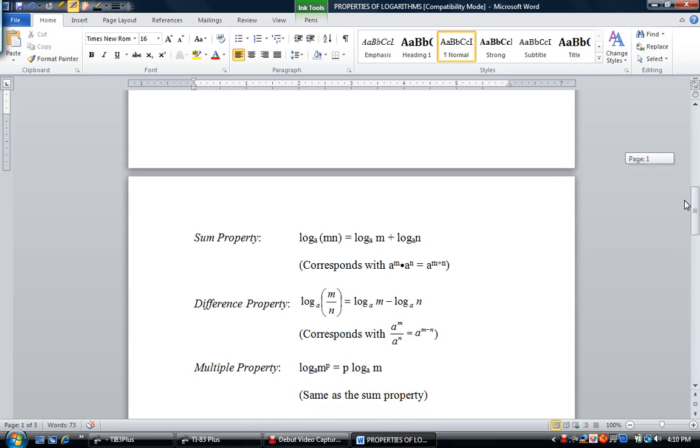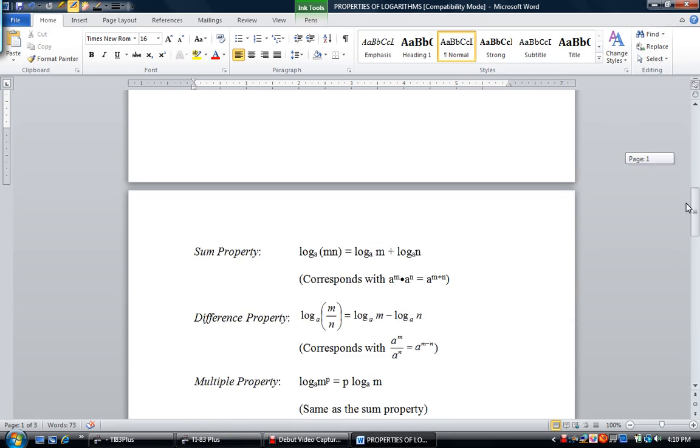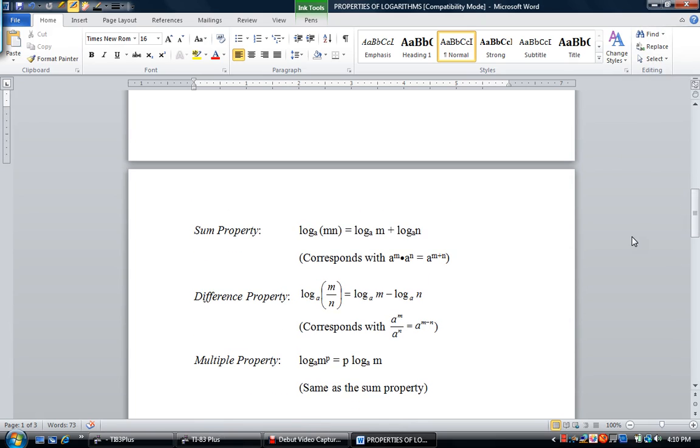So now you have 3 additional properties that we have to look at. Sum, difference, and multiple. The sum property: if you're taking the log base a of 2 numbers or 2 expressions or 2 variables being multiplied together, you can separate those. So this is all separation.